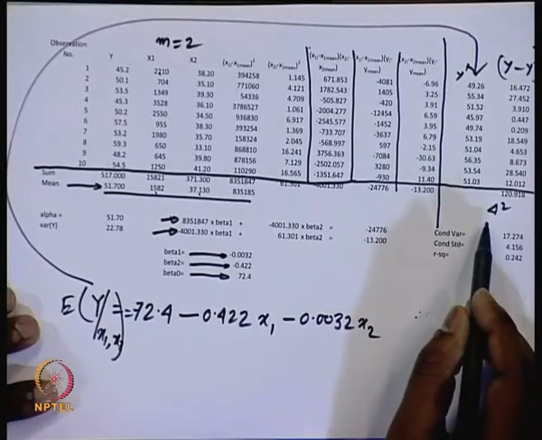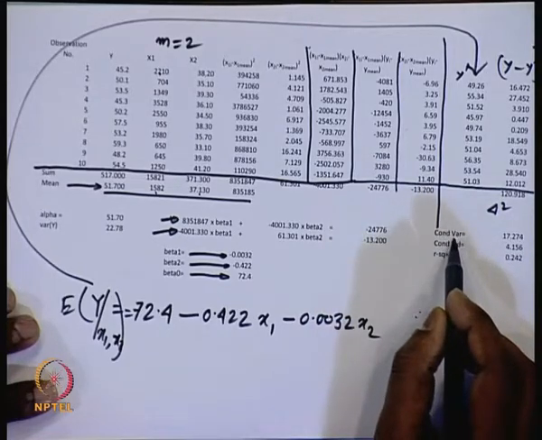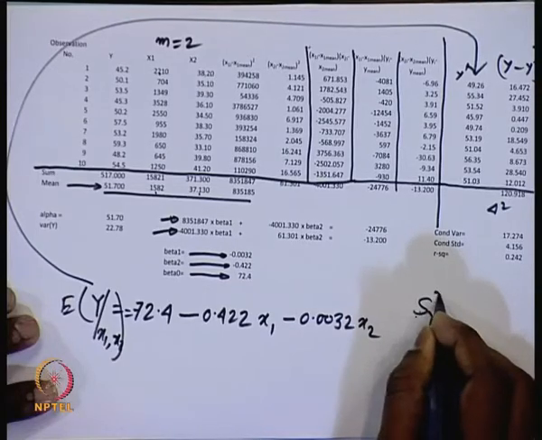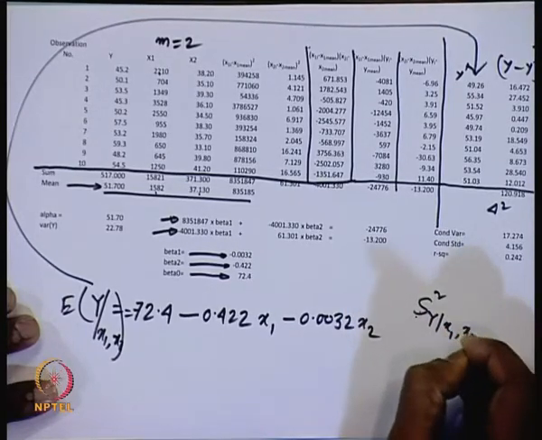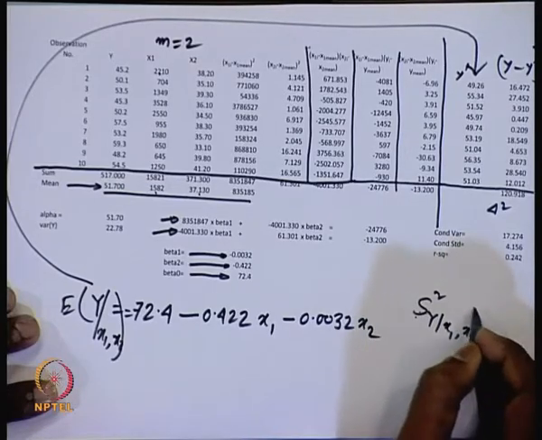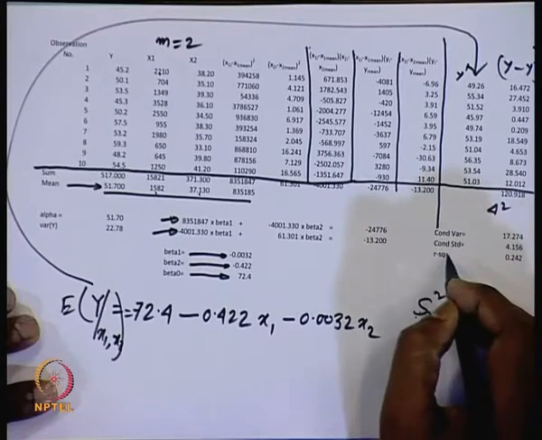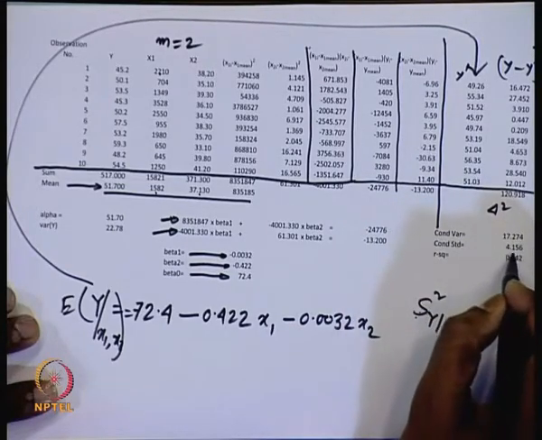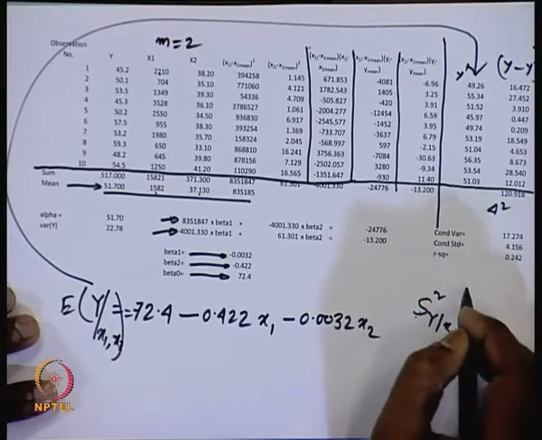Once we get that capital delta square, we can calculate the conditional variance. This conditional variance means, as we have seen, s y square given x1 comma x2. If we calculate this, we will get 17.274. The conditional standard deviation is the positive square root of this, which is 4.156, and the r square value that we get is 1 minus that ratio.